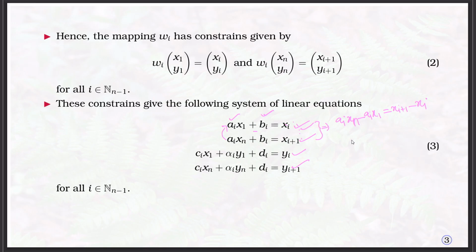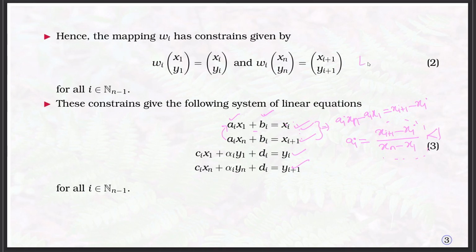So one can get the ai value as xi plus 1 minus xi over xn minus x1, which we already discussed. This value is less than 1.